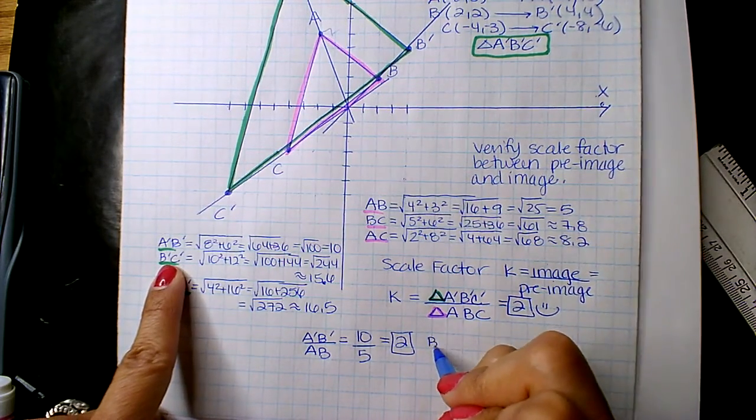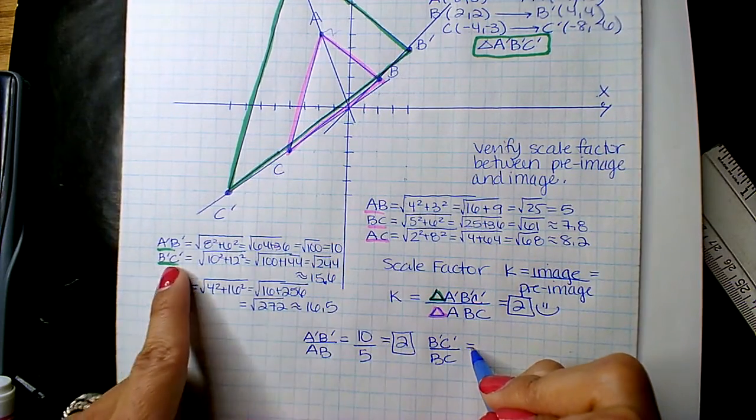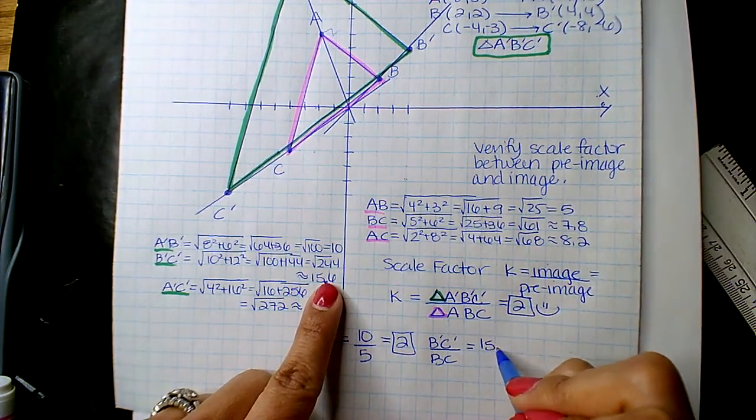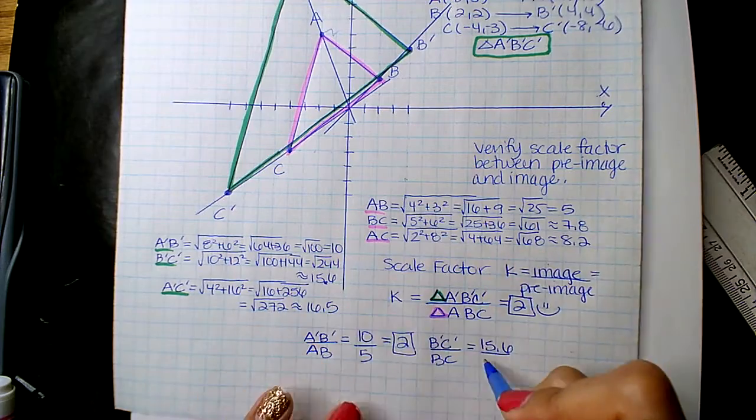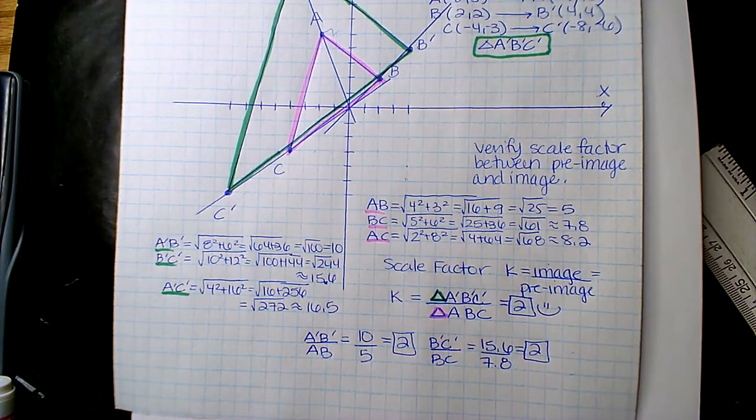B prime C prime over BC: 15.6 over 7.8, and that is 2. And then take the third.